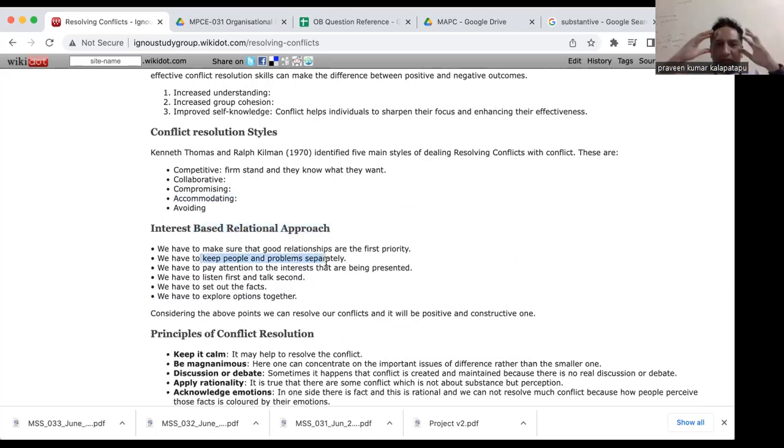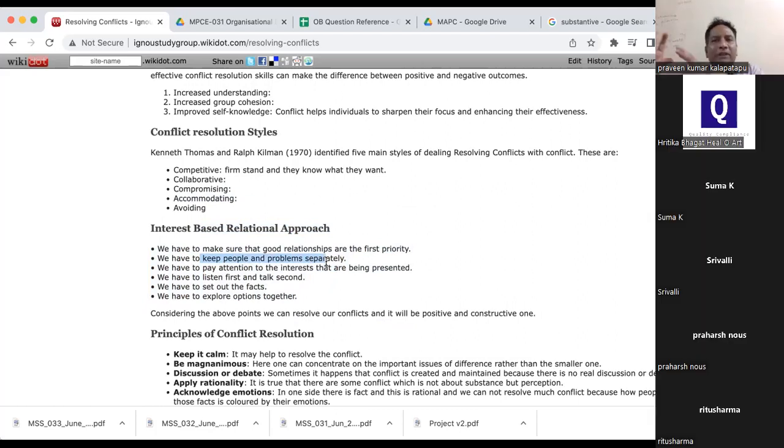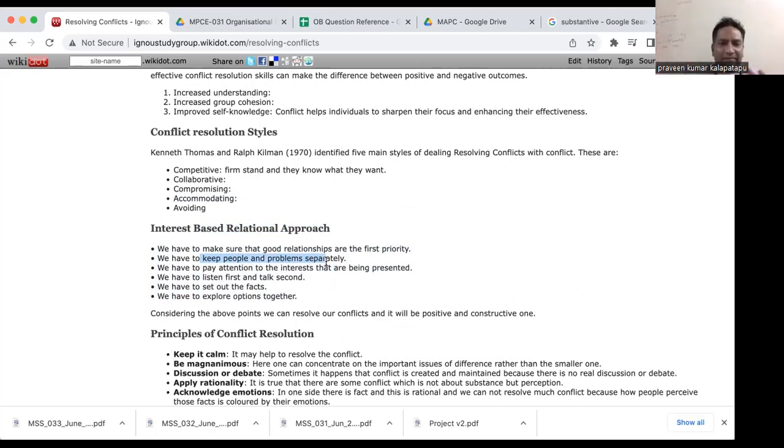You solve the problem without developing enmity. You take things positively as far as the relationship is concerned. You pay attention to the interests being presented. You listen first and talk second. Set out facts, collect the facts and have them discussed. Explore options together.